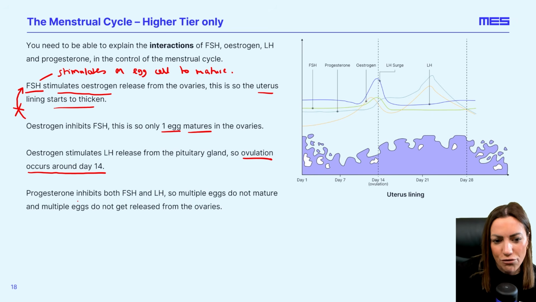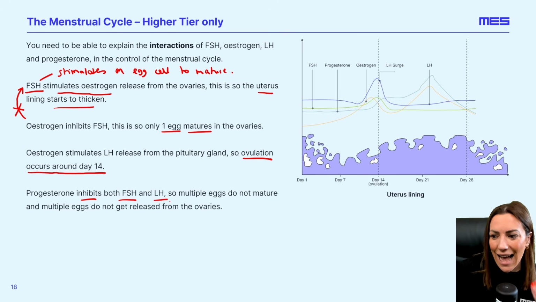Now, progesterone is the one that maintains the thick uterus lining, but it inhibits, blocks, stops the release of both FSH and LH. Why would we want to block FSH and LH? Well, we want to block FSH so multiple eggs do not mature in the ovaries.